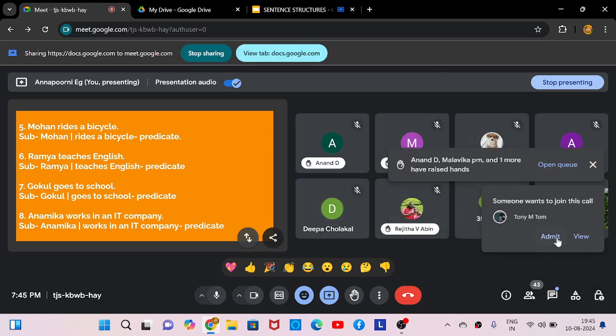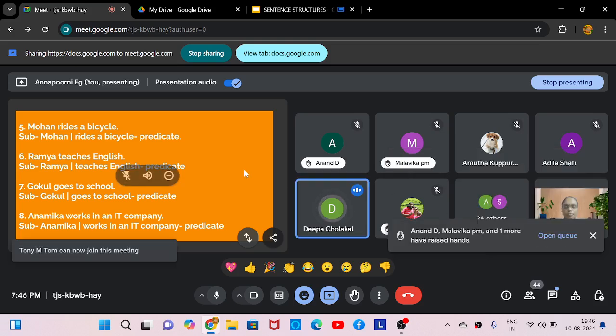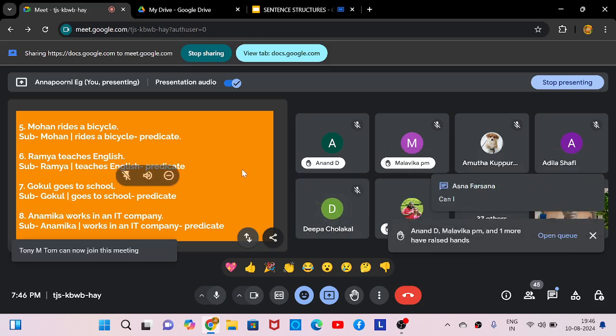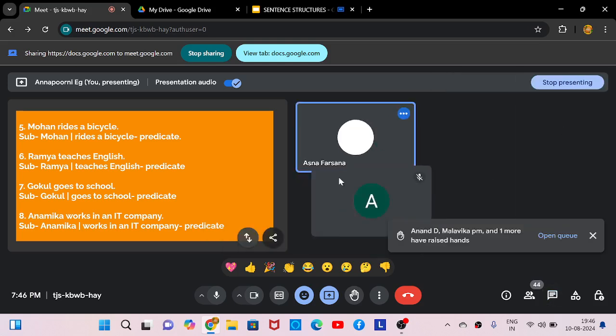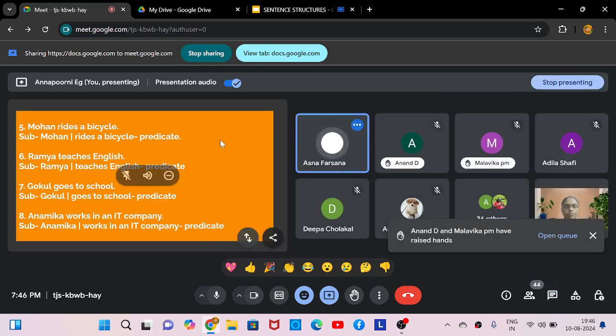Subject Gogol, predicate goes to school. Very good. Yes, Asna, you can read the next one. Anamika works in IT company. Subject Anamika, works in a IT company predicate. Okay, it is actually works in an IT company, not a IT company.